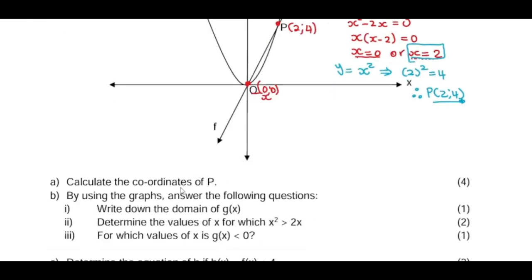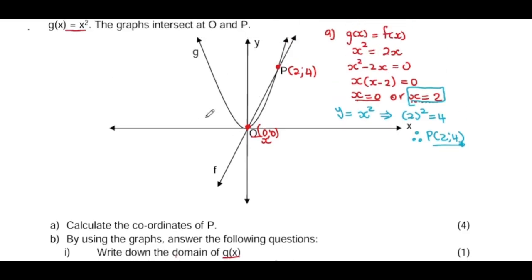By using the graphs, we need to answer the following question. Look at this graph and tell us what is the domain of g(x). So if you look at the graph of g, this is my graph of g. That graph is a quadratic equation, so it takes all the positive and all the negative x values.